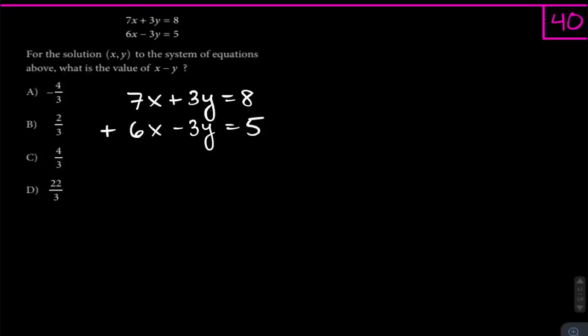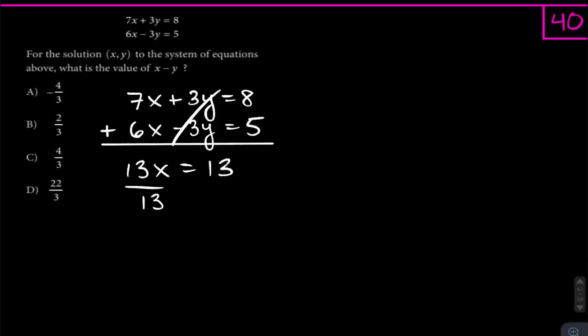So let's add these together. And you can see here that we get 13x. These go away. And we get that this is equal to 13. And then we can just divide by 13 on both sides. Doing that, we get x equals 1. And now we can plug that into one of our equations. I think we can plug into the 6 one.